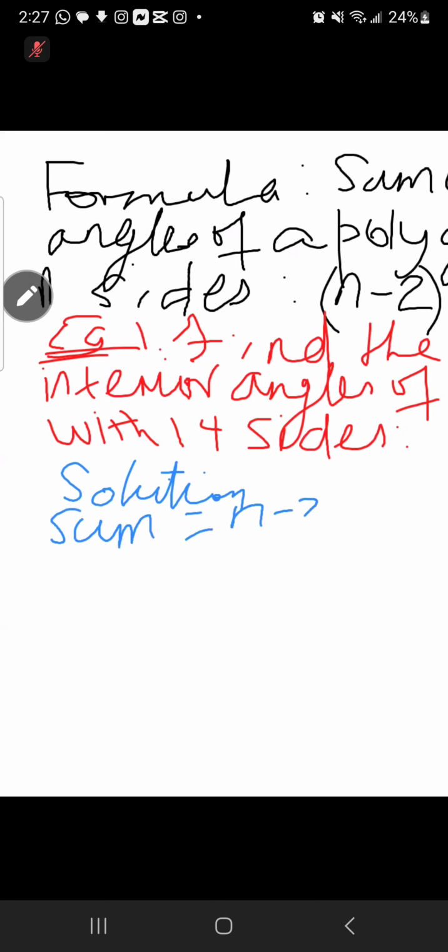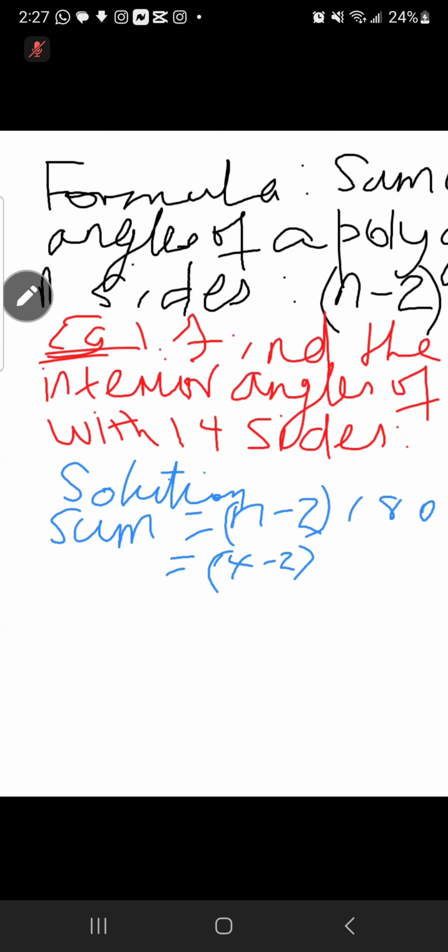n minus 2. So you write the formula, n minus 2 times 180. Write the formula, then you substitute. So that would be equal to 14 minus 2, and you have your 180 outside.